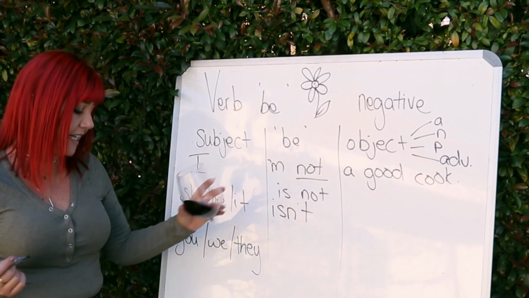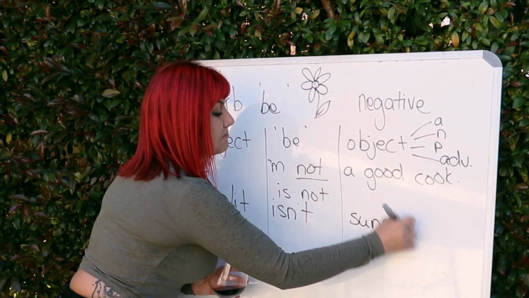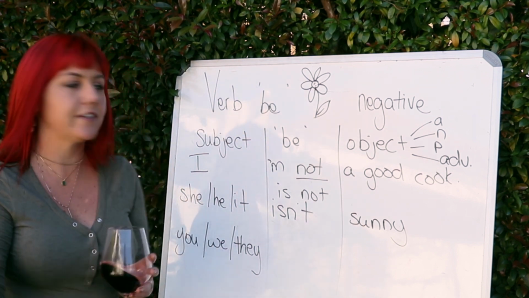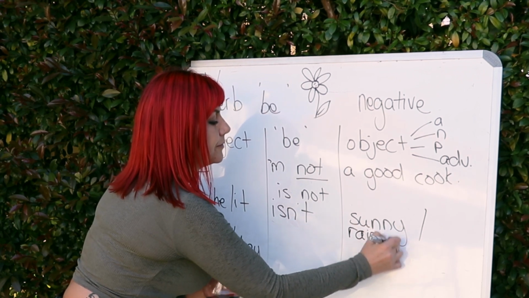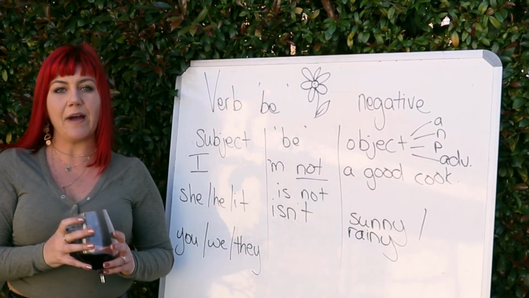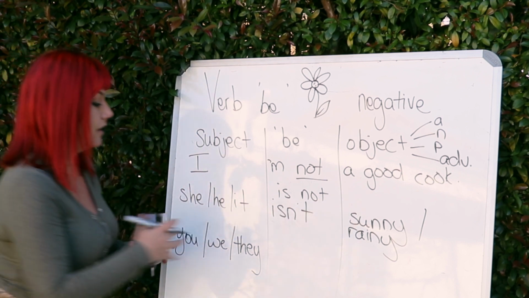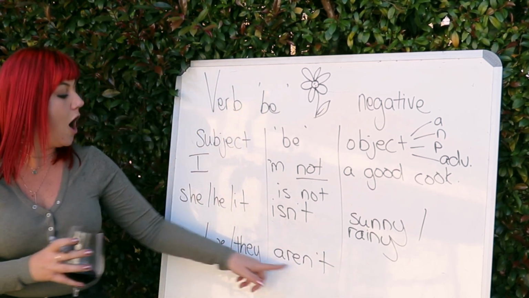So he, she, it isn't sunny. Or, okay, it is, so this doesn't really help. It isn't rainy. Right? They were speaking about the weather over here. Okay, and then you, we, they aren't.